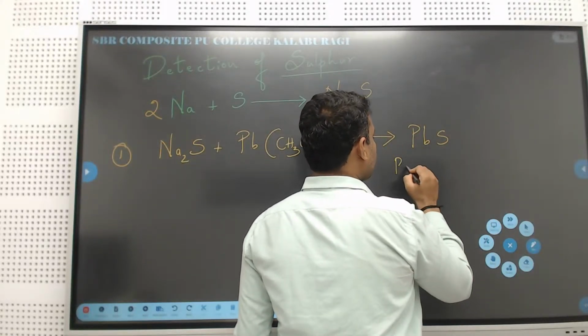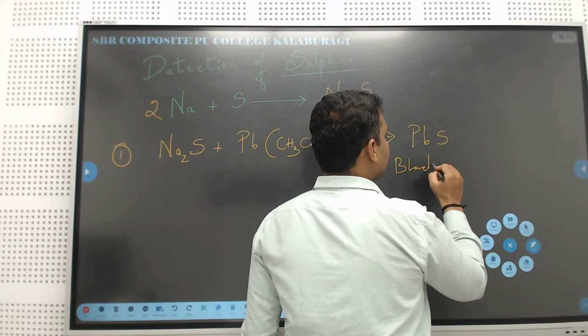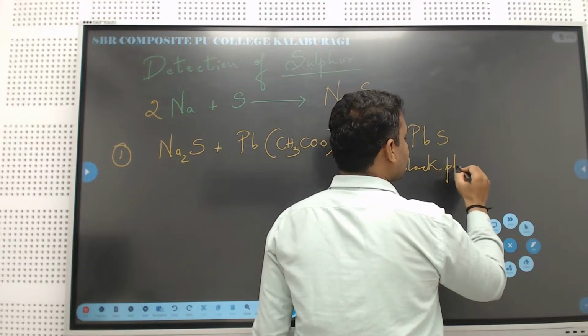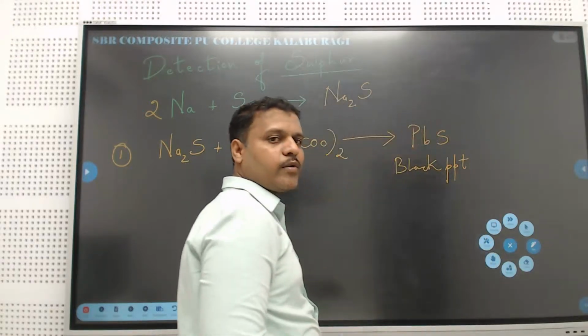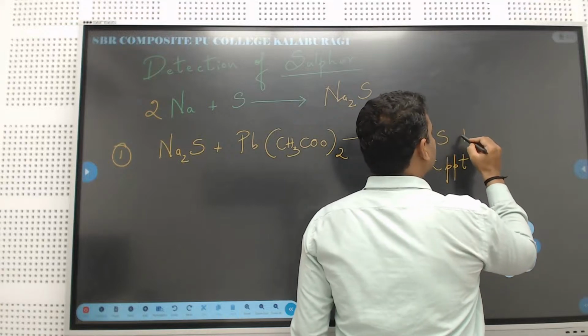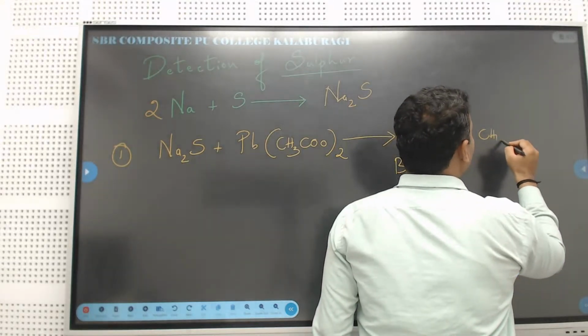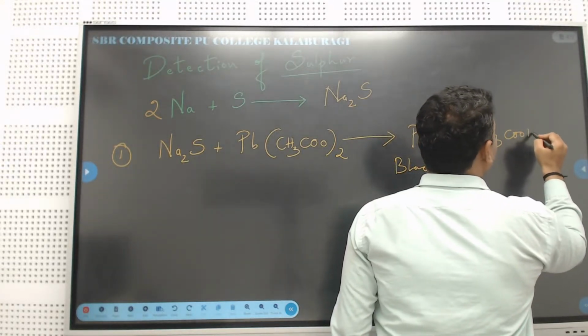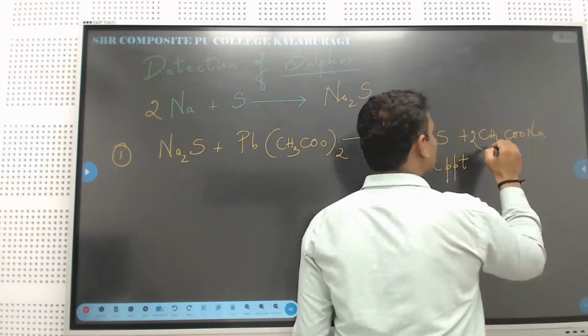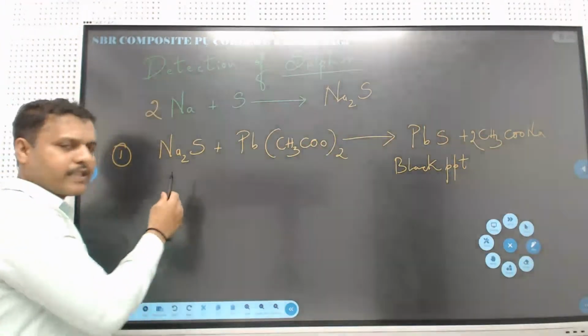This PbS, which is simply termed as lead sulfide, will be appearing as black precipitate, along with the formation of sodium acetate.